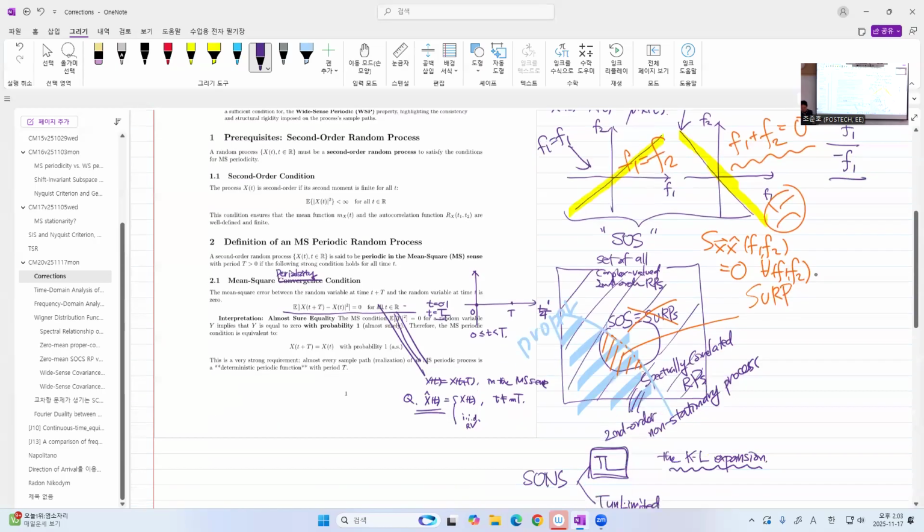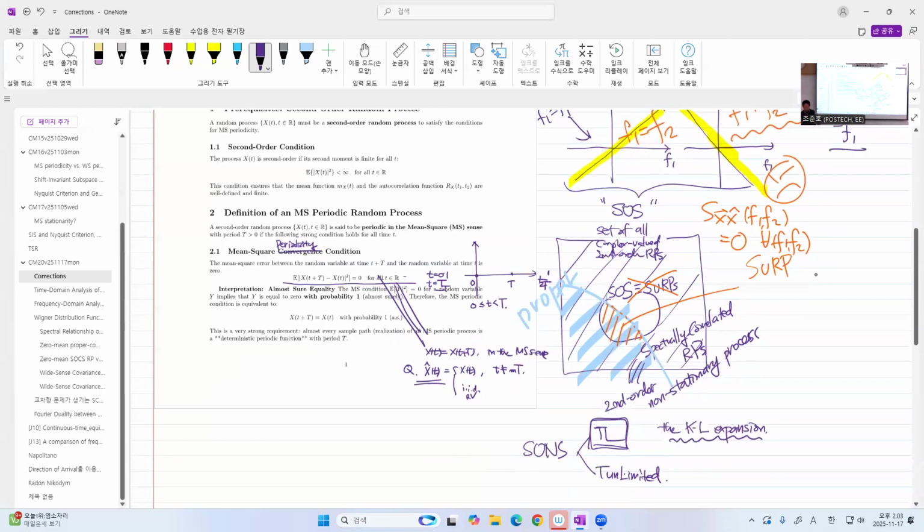So when I drew the Venn diagram, I had to add what? I had to add this subset of proper random processes, so that not only second order stationarity, but also proper second order stationarity is what?